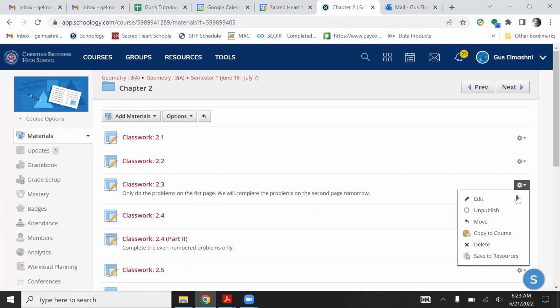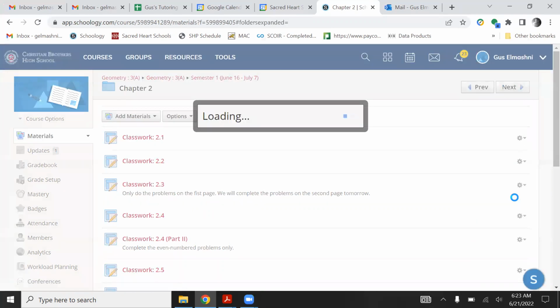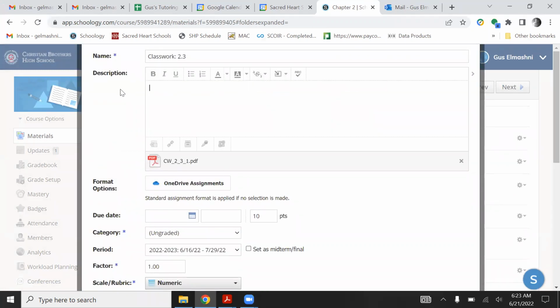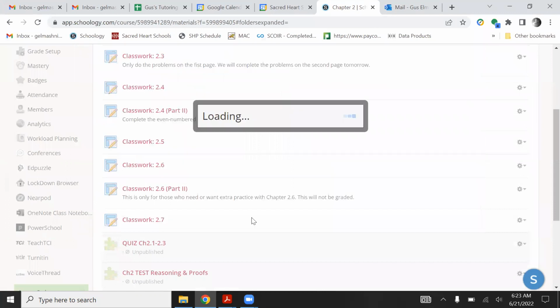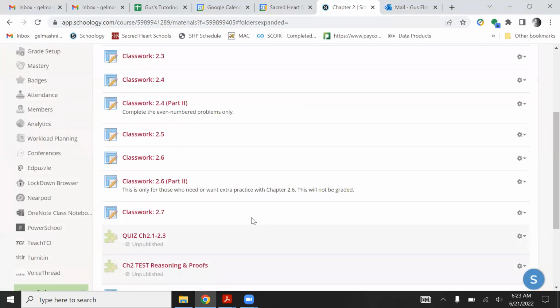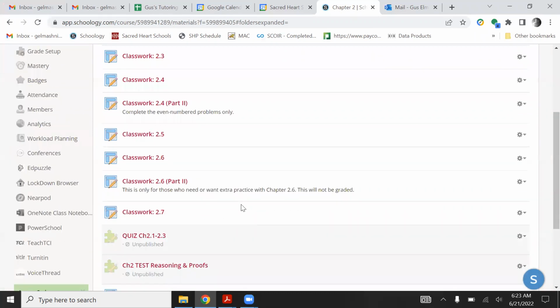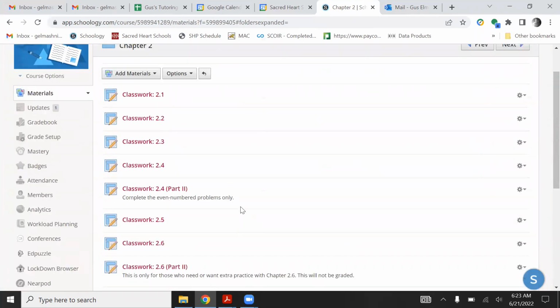Let me ignore that note, only do the problems on the first page. I told you the Wi-Fi is a little slow here. Here we go. Save that. And 2.4 part 2, that's weird. I'm not sure what's going on with that one.